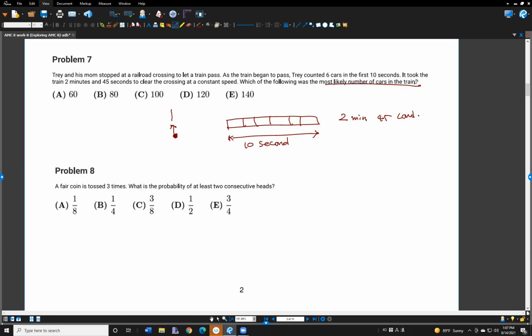140. 140, okay. I got 142, but I'm not really that sure. Okay, you got a different number. Do you understand the question? I think it's 140.